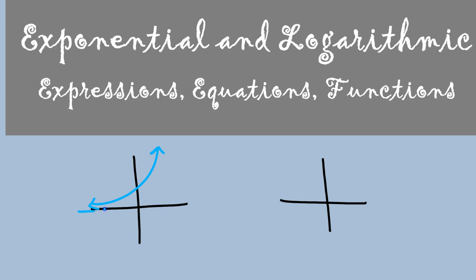We looked at how exponential functions have a horizontal asymptote, while logarithmic functions, which are their inverses, have a vertical asymptote. So we won't go into all the detail about those again. Let's focus instead today on how we simplify expressions and solve equations.